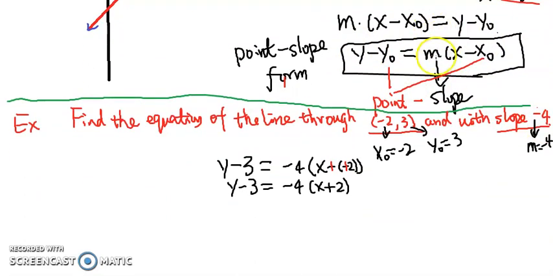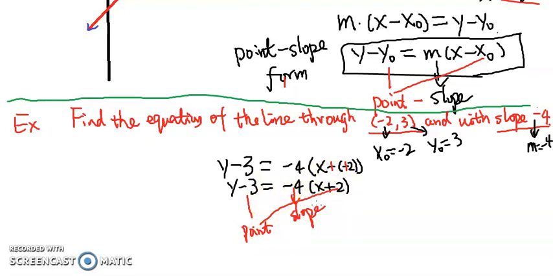The reason is the number in front of the parentheses. This number right here is our slope. And -2, we changed the negative to a positive. -2 and +3 is our point. So we call this form point slope form.